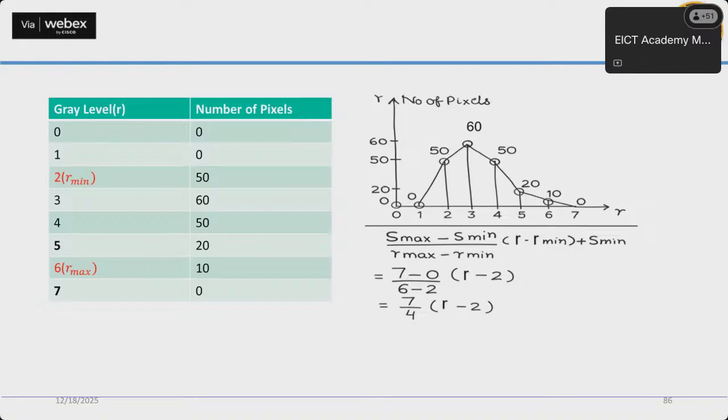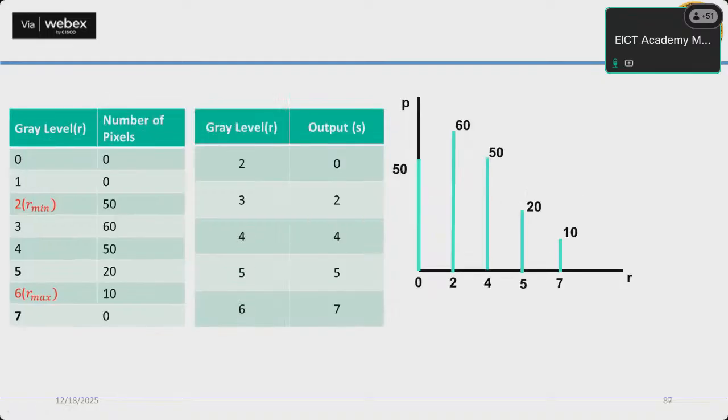So 7 minus 0. Now we will take each R one by one. When we take each R, here it is 2. When we put 2, the output will be 0. This is 3, it will be 2, then 4, 5, 7. So this will be the new histogram.